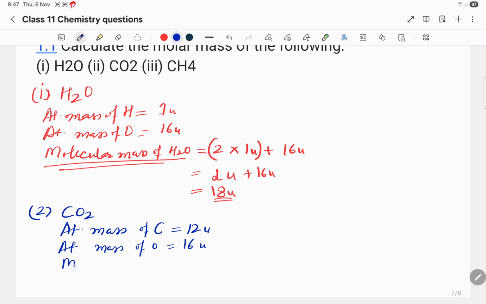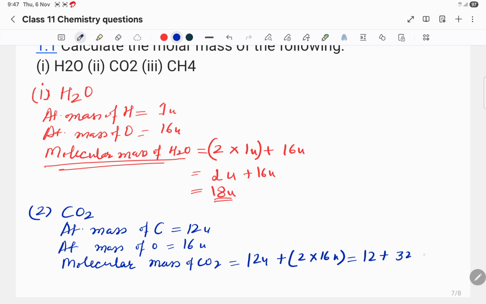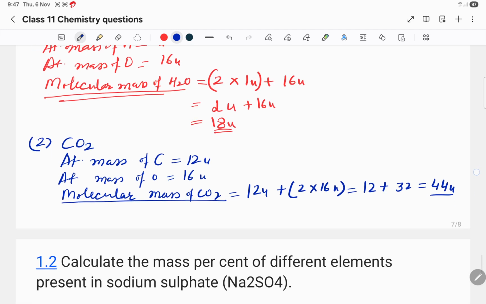Okay, so molecular mass of carbon dioxide is going to be, there is only one carbon, so 12 unit, plus there are two oxygens, so 2 multiplied by 16 unit, which becomes 12 plus 32, and which is 44 units. So molecular mass of carbon dioxide is 44 units.